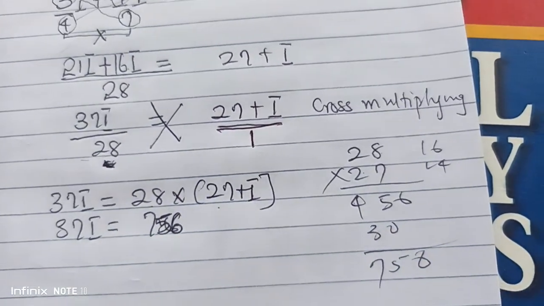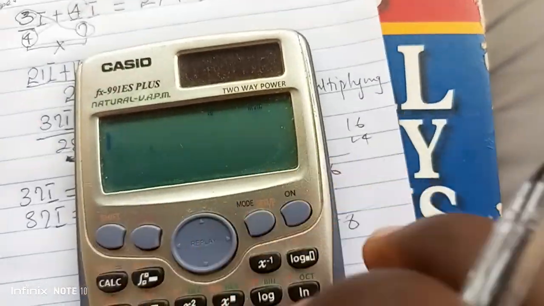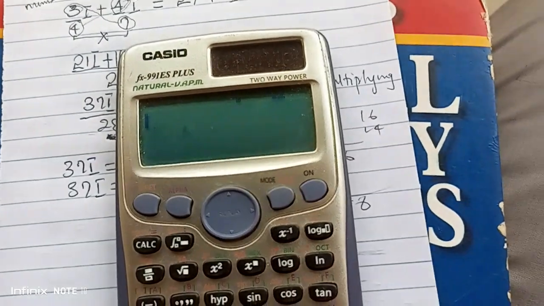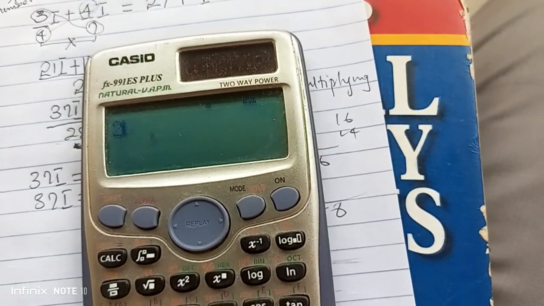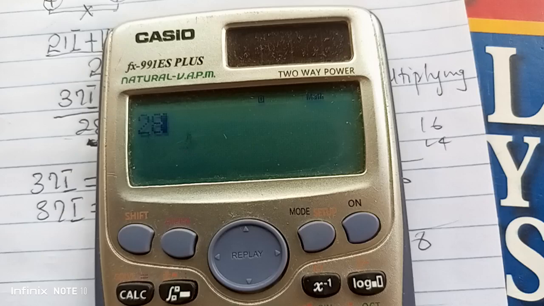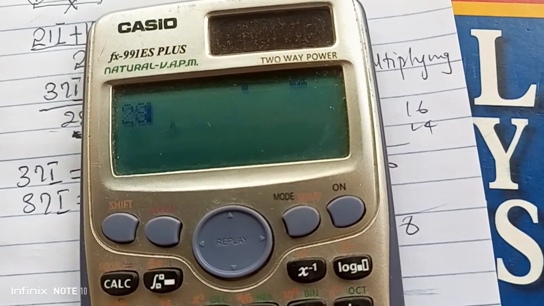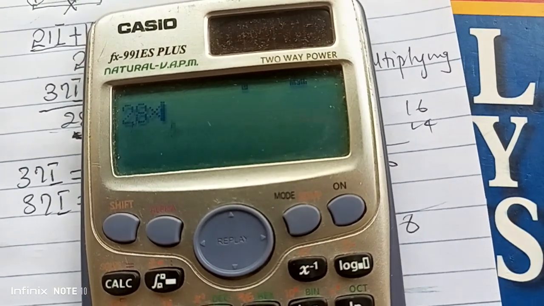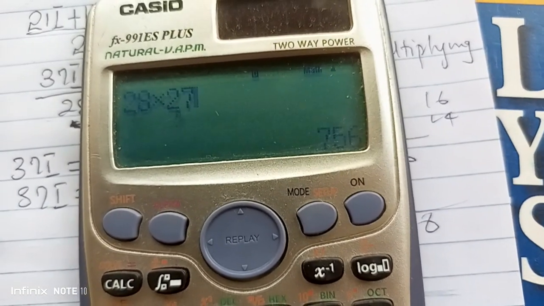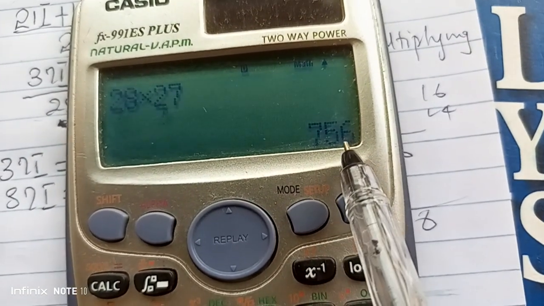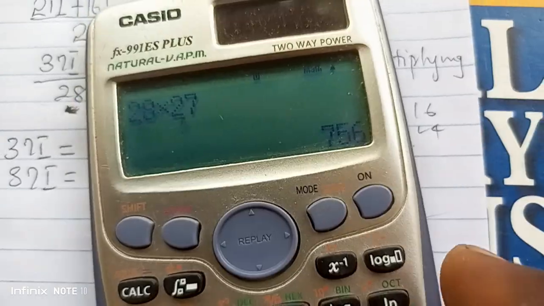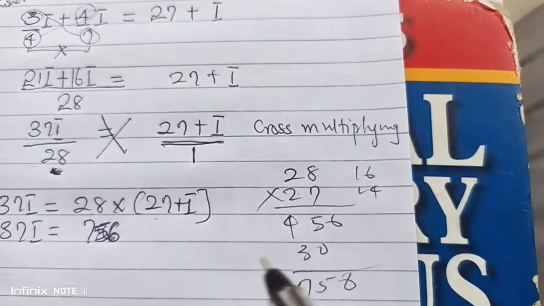You can also press the calculator and get it. That is 28 times 27. So what do we get? We get 756. So I'm correct.